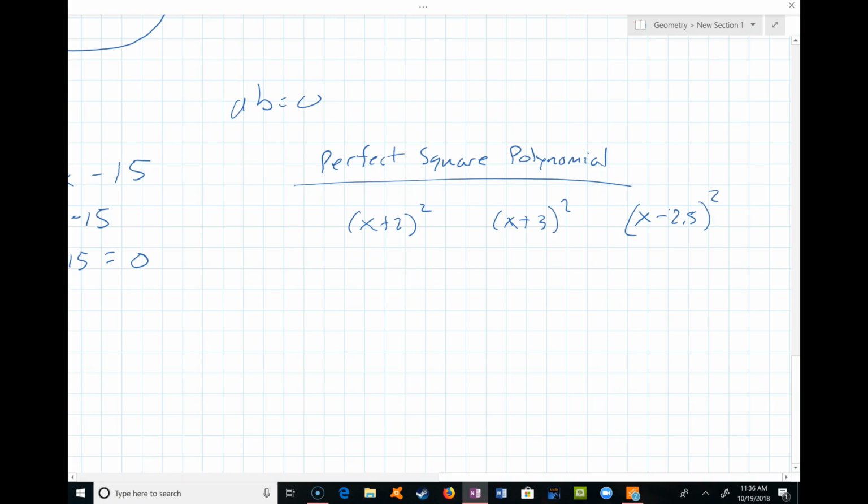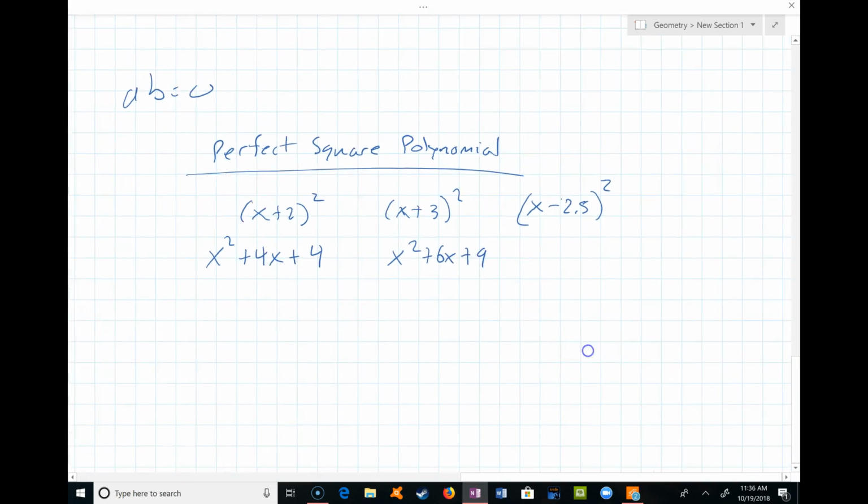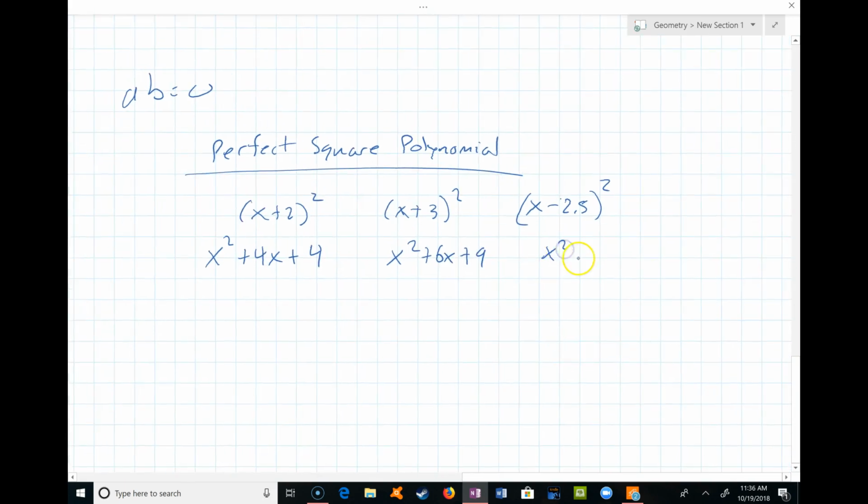For example, if you multiply this out, you get x squared plus 4x plus 4. If you multiply this out, you get x squared plus 6x plus 9. And if you multiply this out, you get x squared minus 5x plus 6.25. Okay, and then we make this observation that that's true of every perfect square polynomial.